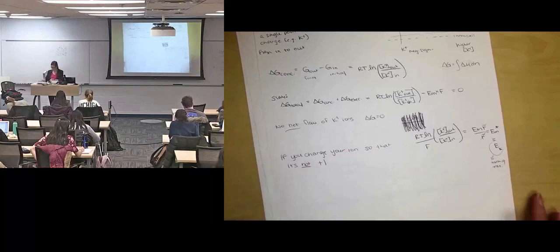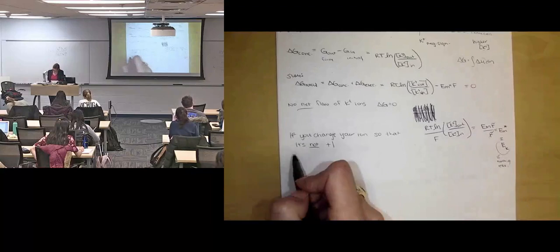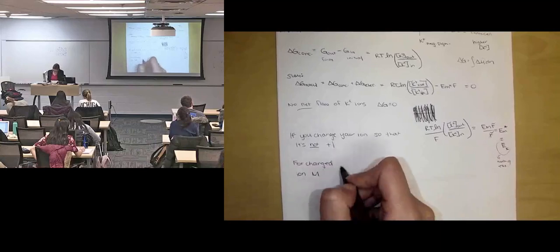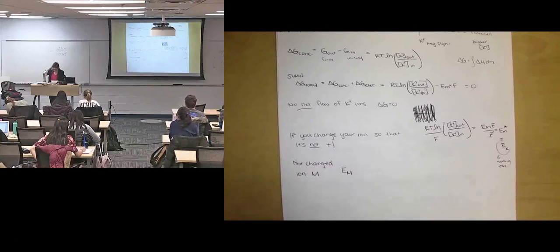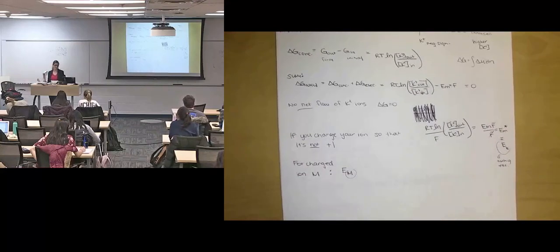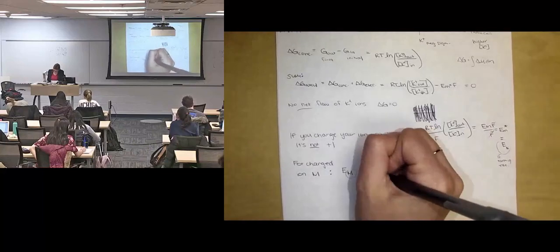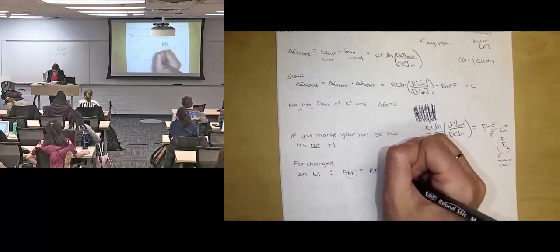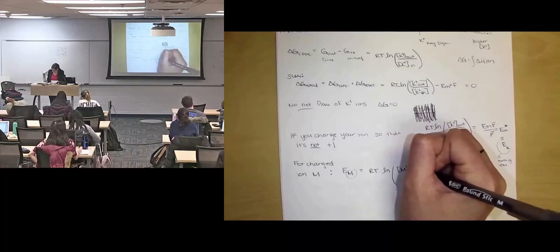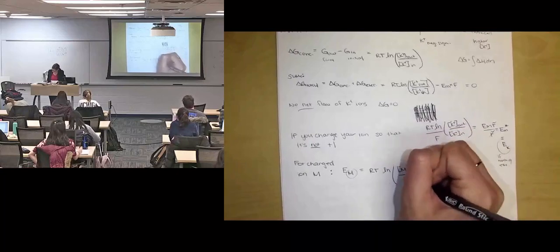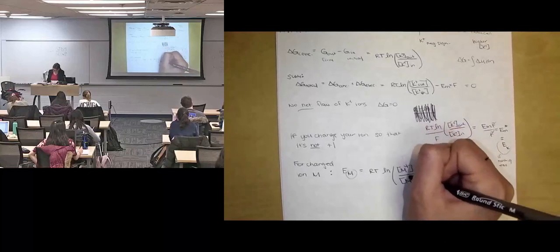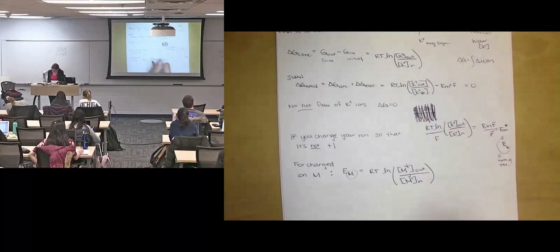This is maybe a little bit confusing, but for any charged ion M, we can calculate a membrane potential for that particular ion, or a contribution to the membrane potential for that ion, equal to RT, the natural log of the concentration on the outside over the concentration on the inside. I don't know what the charge is. It could be anything.